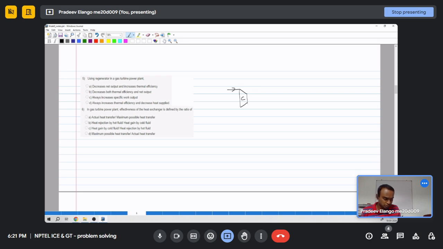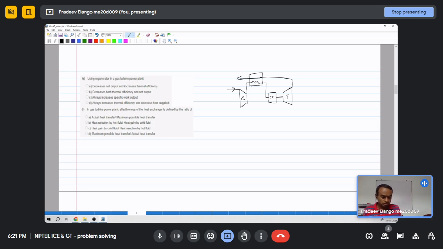So it comes here. So there will be some regenerator, and then there will be a combustion chamber, and then it goes to a turbine, and then from here it goes to this regenerator.